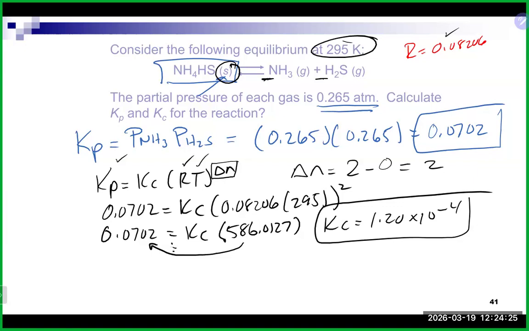Any questions? Like I said before, they really should agree. You shouldn't get a large Kp and a small Kc. They should both be small or both be large. Any questions on calculating Kp or Kc? Okay.